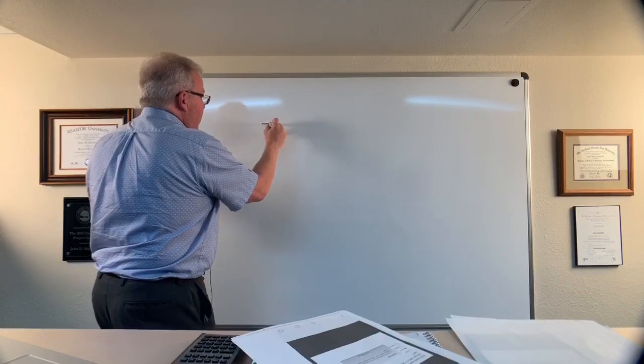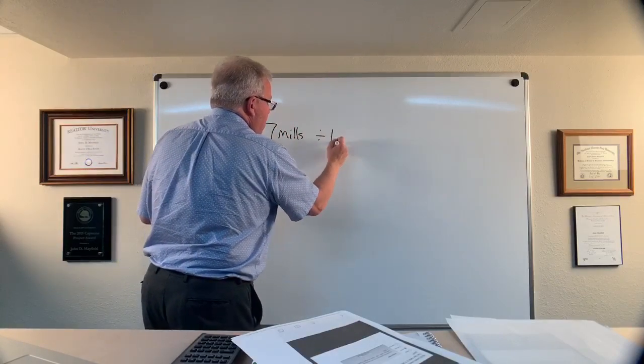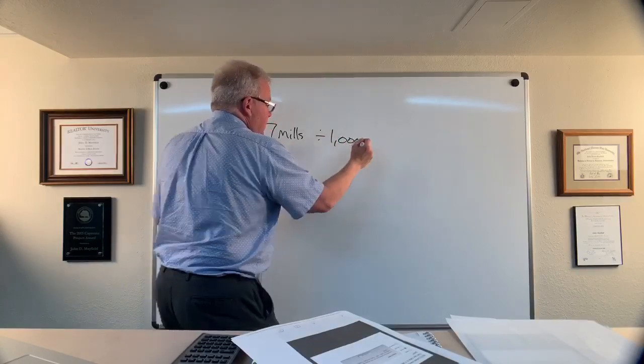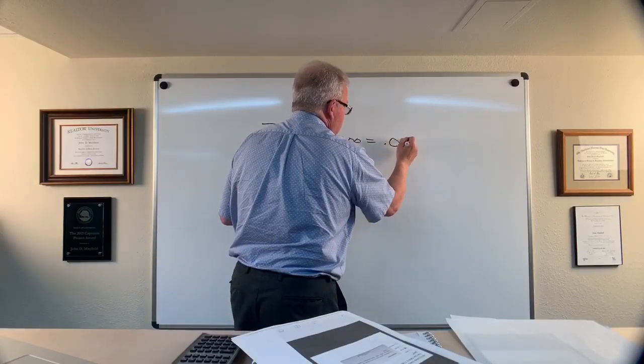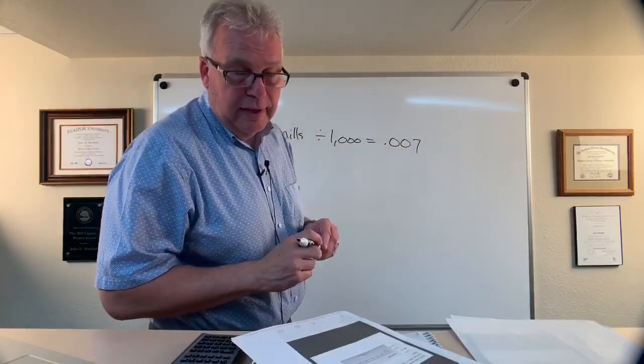So 7 mils divided by 1,000 equals 0.007, okay? That gives us our tax rate.